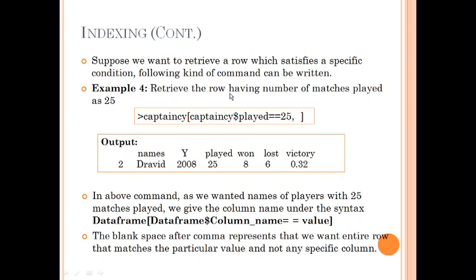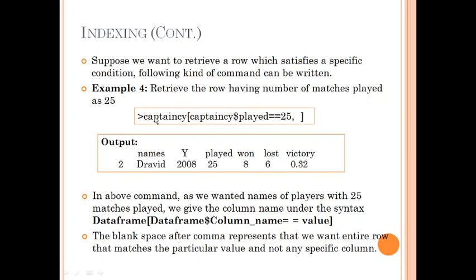We want to retrieve specifically those players who have played exactly 25 matches. We want the information only about those players. Now we don't know in our data frame whether there exists some player who has played exactly 25 matches or not, and if they exist, at what location they exist. So we cannot use numerical indexing to extract that information. Here logical indexing comes to our rescue.